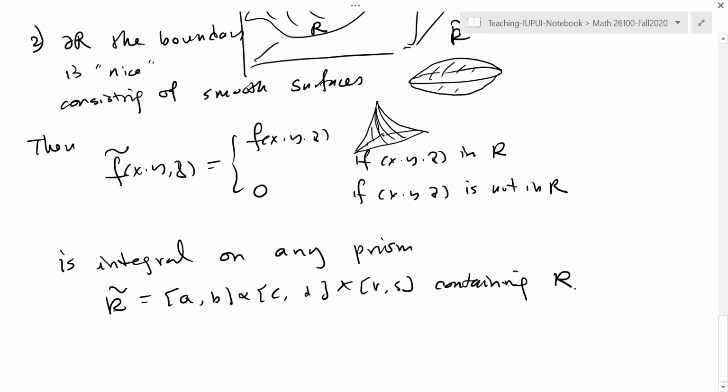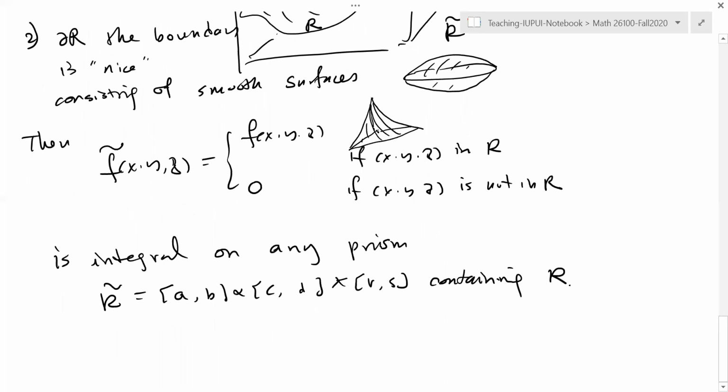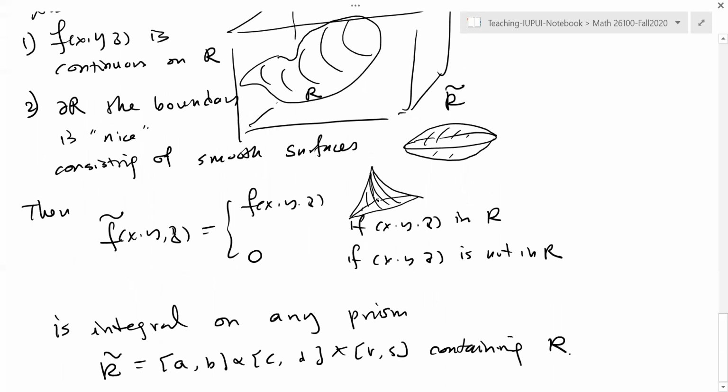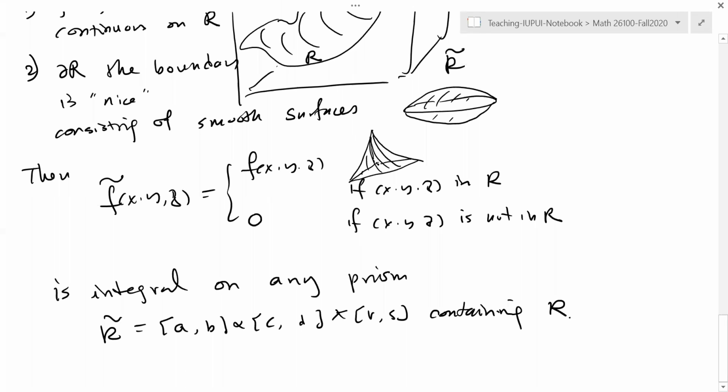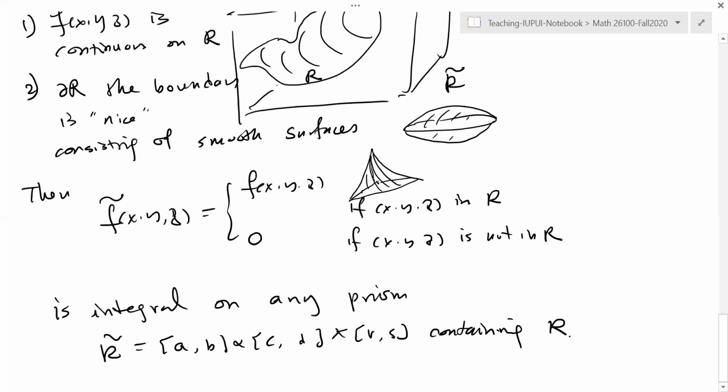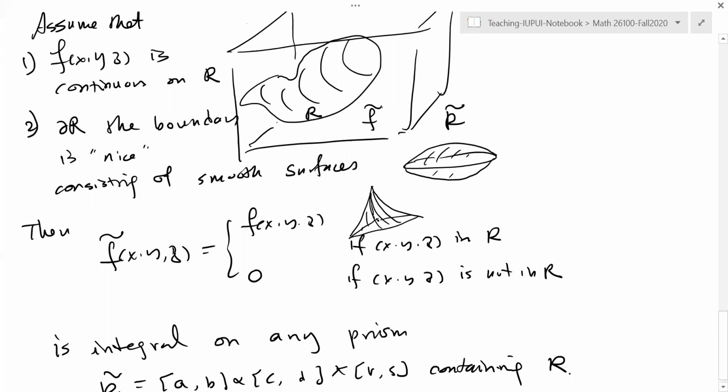It doesn't matter, because the function is zero outside. So if you enlarge R2, you do not change the value. That's reasonable because here the function F2 is 0, and here F2 is F. So you enlarge the domain, but it does not have any impact on the value.